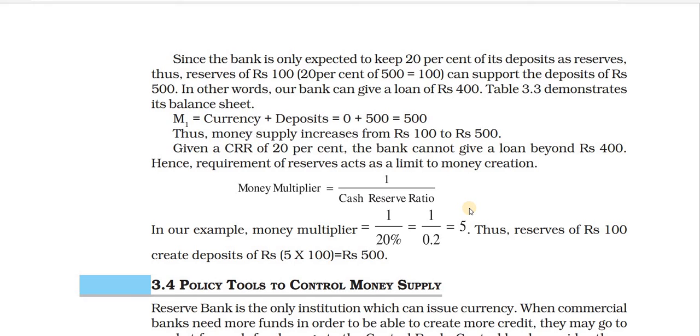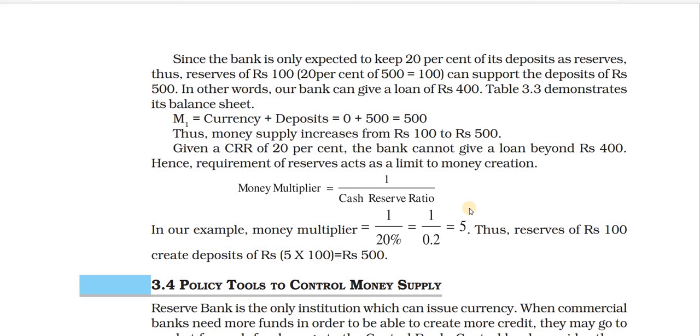We can write it as 1 divided by 20%, that is 1 by 0.2, which is 5. Thus a reserve of 100 rupees creates a deposit of 5 times 100, that is 500. This is the money multiplier system. We add that amount and we can find this multiplier.